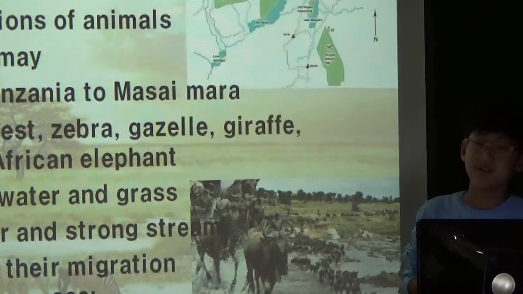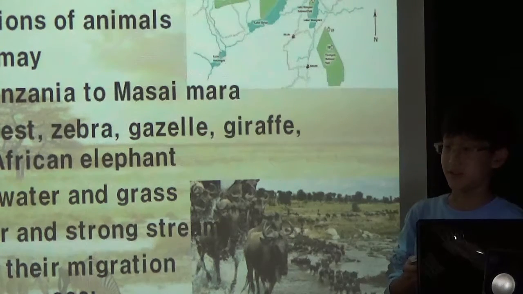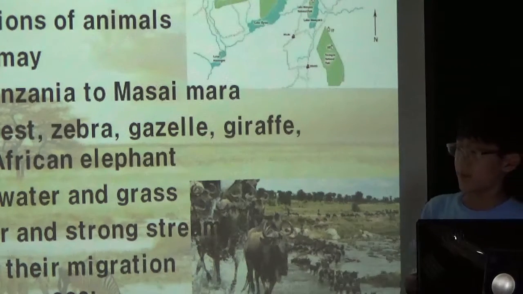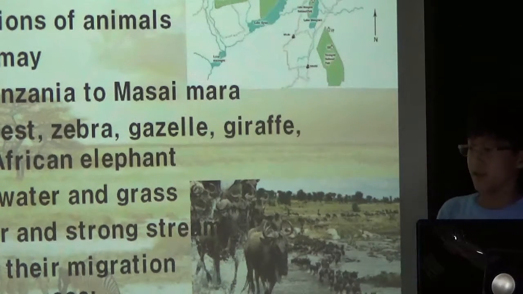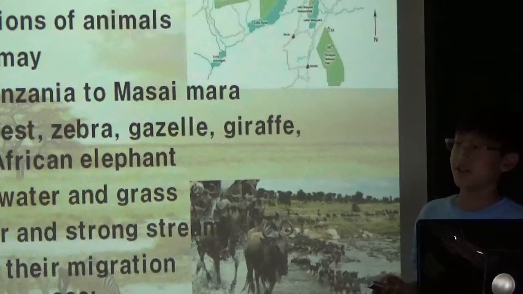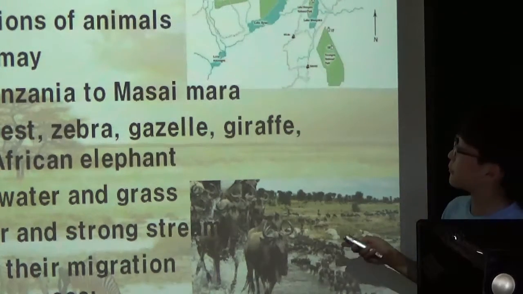Predators such as lion, hyena, jackal, and fox attack and eat them. And strong streams and alligators also interrupt them. They move almost 800 kilometers to get to Masai Mara.